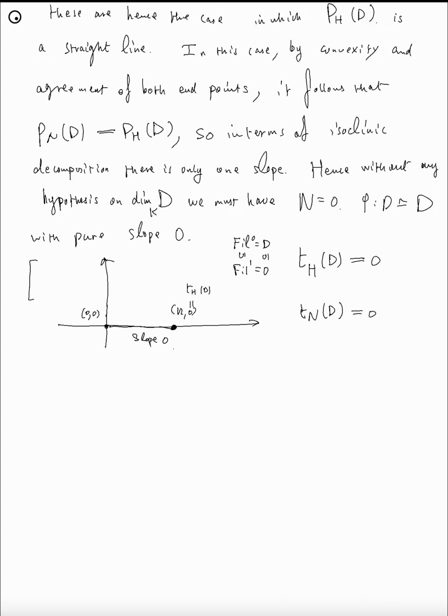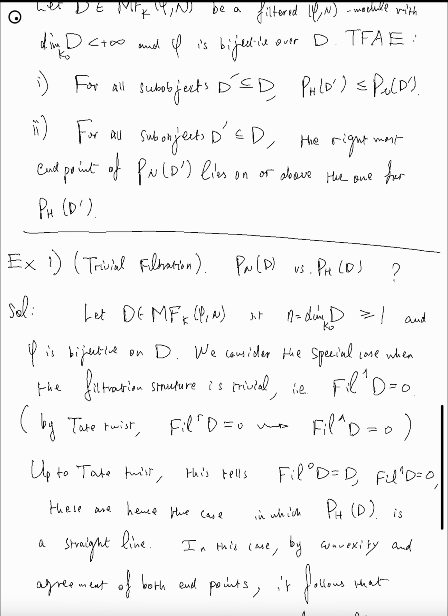So those slopes correspond to the valuations of the corresponding eigenvalues of the Frobenius. When this filtration is trivial, we could easily have a picture of this, but for the Newton number, how did we conclude?